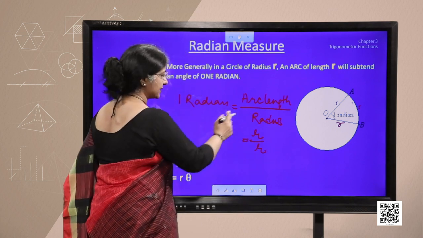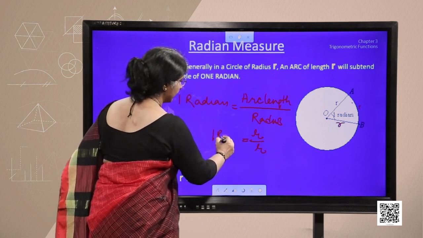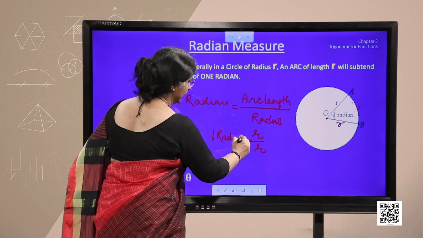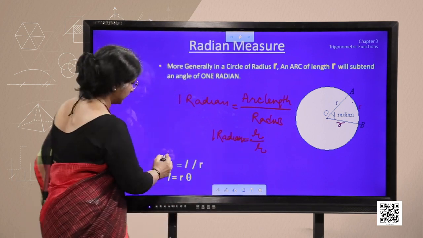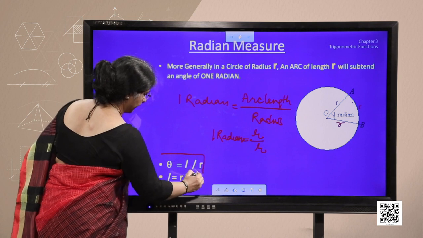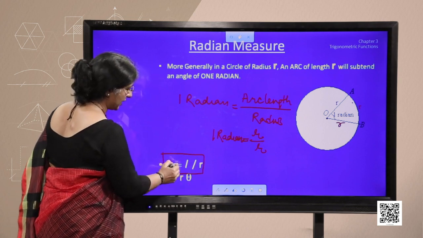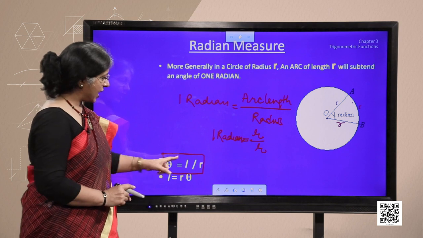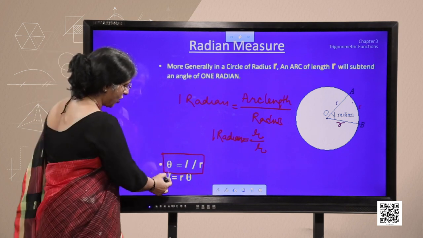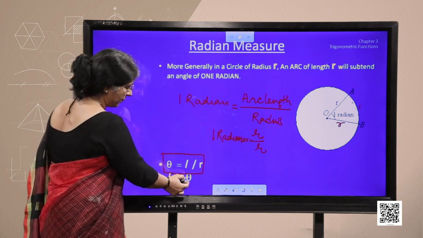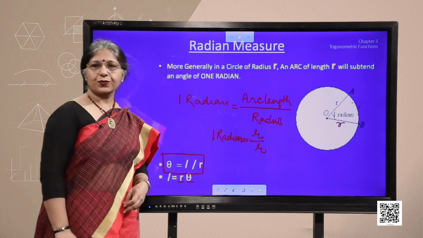So the angle traced here is again 1 radian. As you can see, the angle subtended theta is the ratio of arc length to the radius, or arc length is equal to radius times angle theta.